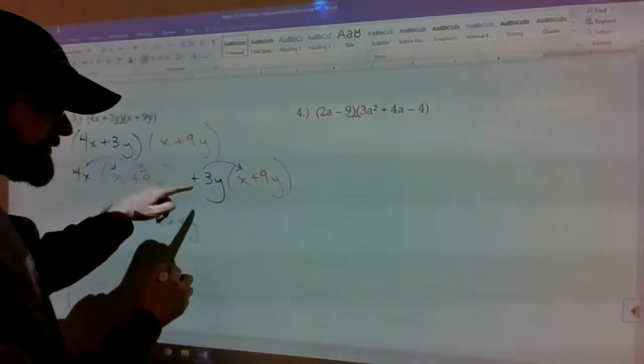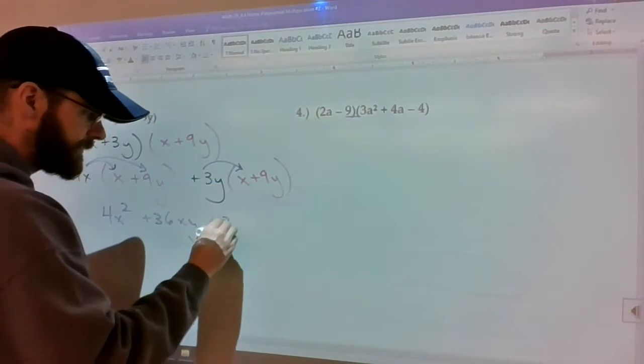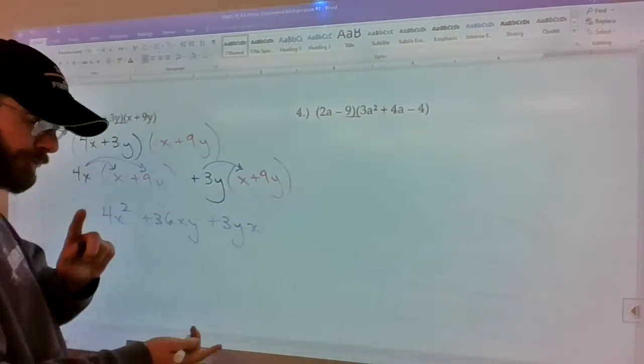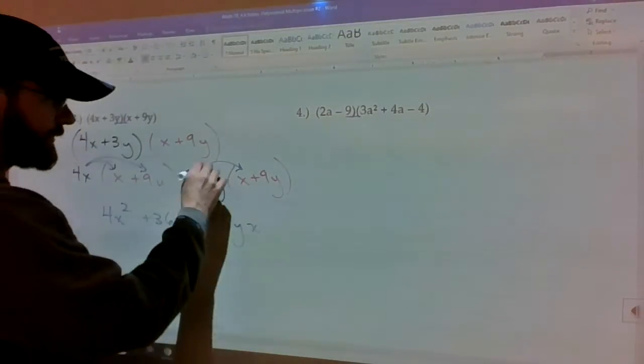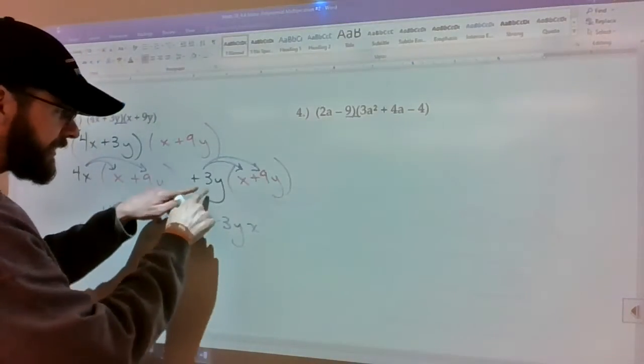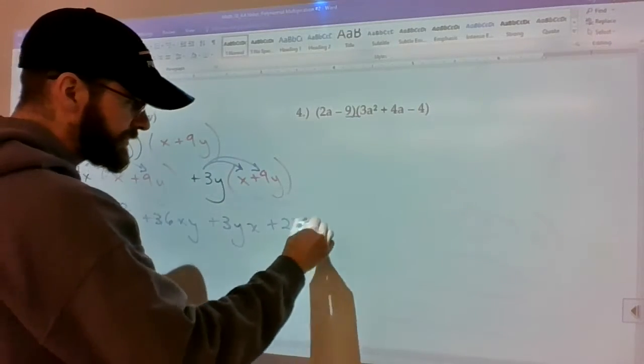Now, this is going to be 3yx. But I think you'll notice that xy and yx are exactly the same, so it's not going to be a big deal. And then you got 3 times 9 is plus 27. A y times a y is y squared.